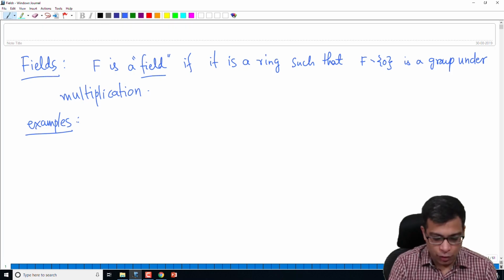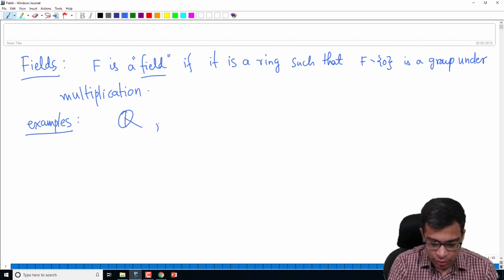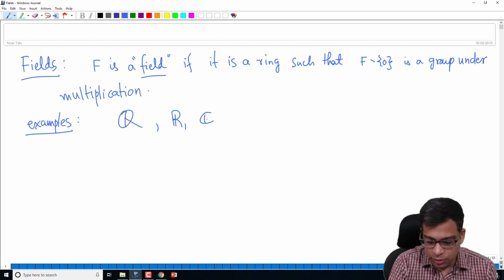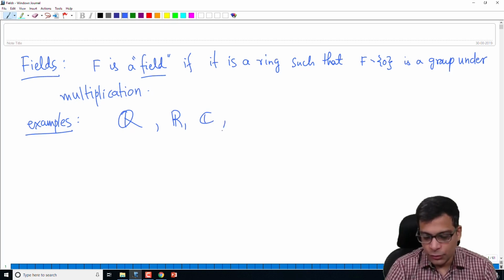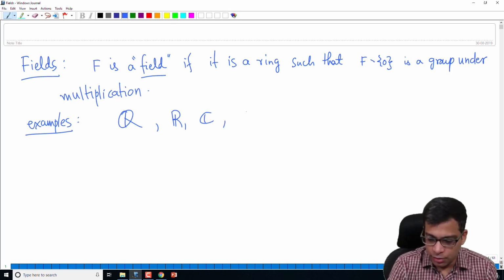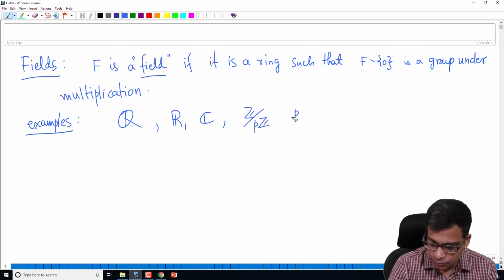The examples that we are already familiar with are Q, R, C. We are also familiar with Z mod PZ, where P is a prime number.